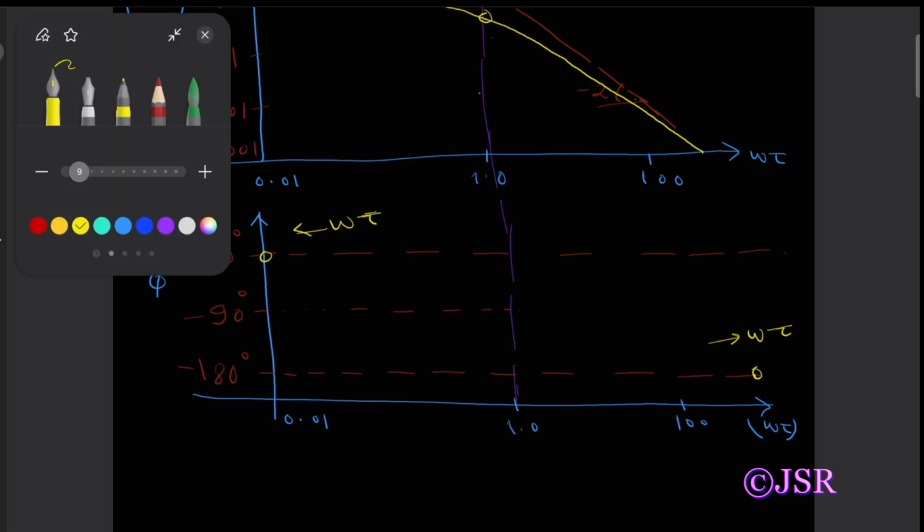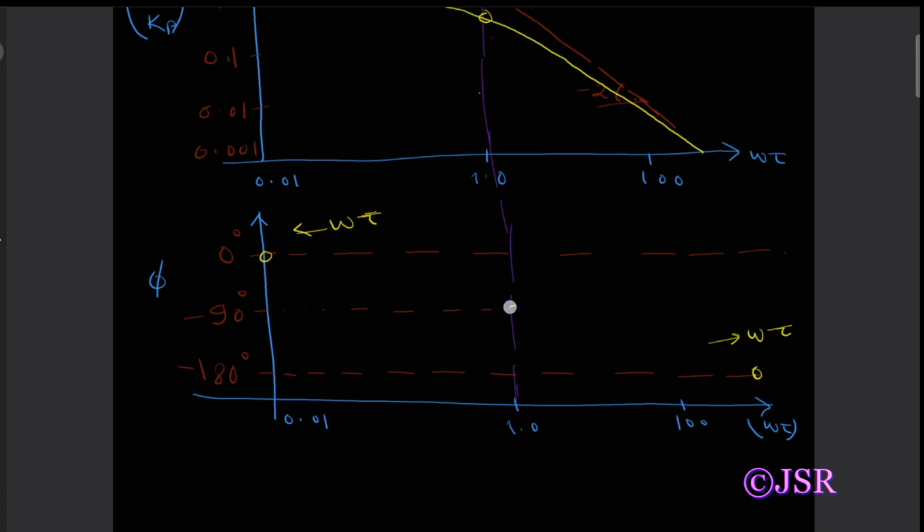So this is the phase when omega tau is equal to 1. So now we can plot the frequency plot like this.